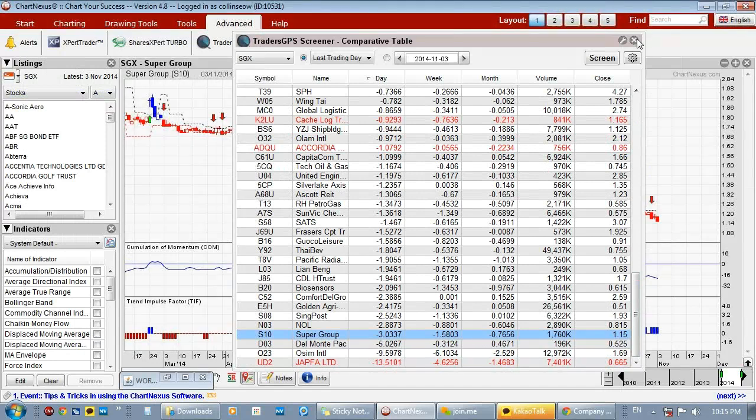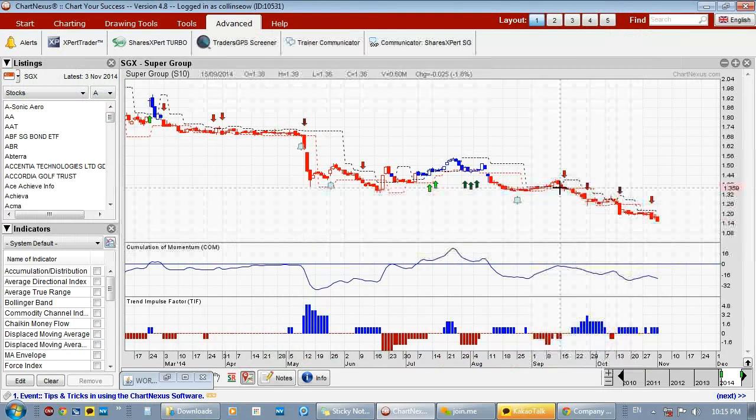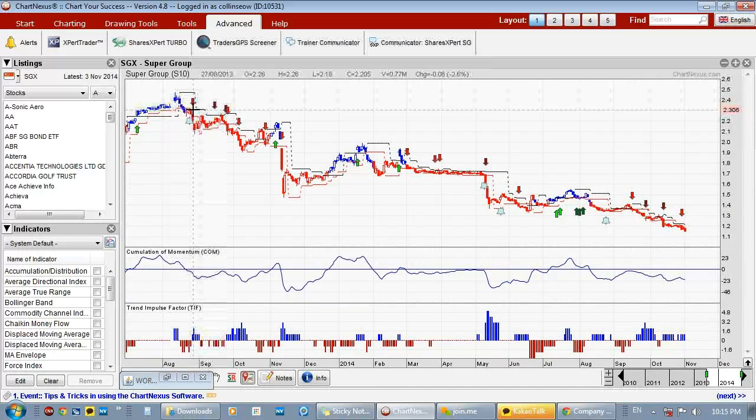Okay, like Super Group. This is not the first time that the comparative scan has flagged out Super Group. I think those people who scan every day will know that Super Group came up a few times already. So this is not the first signal. In fact, the first signal after this wave correction was at 135.5, and now it's like 114 already. So it's been coming down steadily.